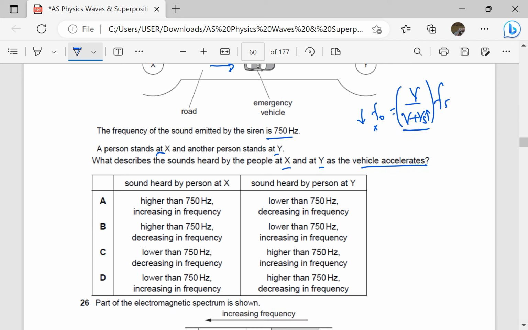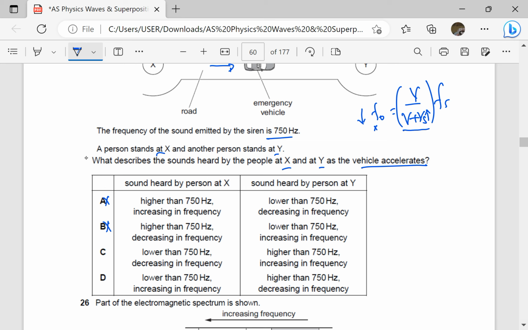So let's begin with X. Higher than 750, that's not true. The sound heard by the person at X is higher than 750 Hz, decreasing in frequency. It is not higher, it is actually going to be lower. So this is A. This is wrong.